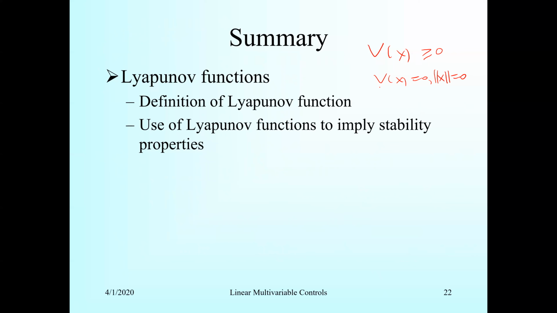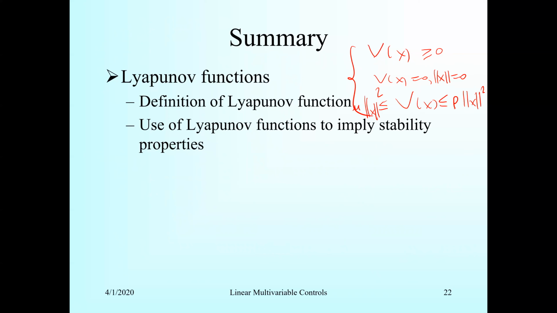And V(x) can be bracketed by, I think they used rho x squared, maybe mu x squared, I forgot.